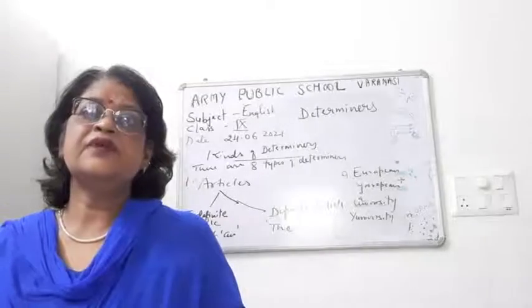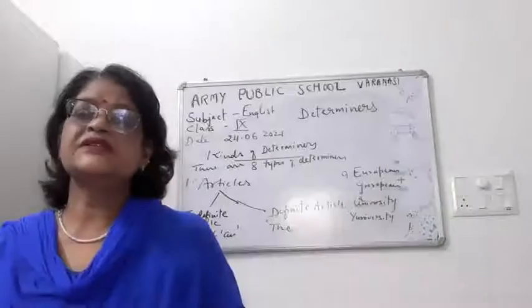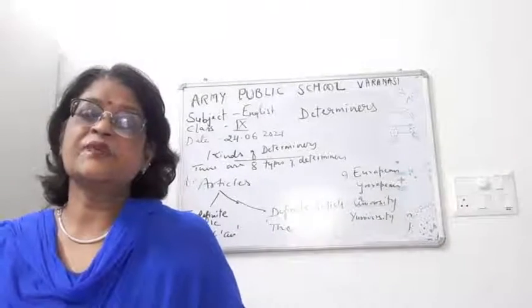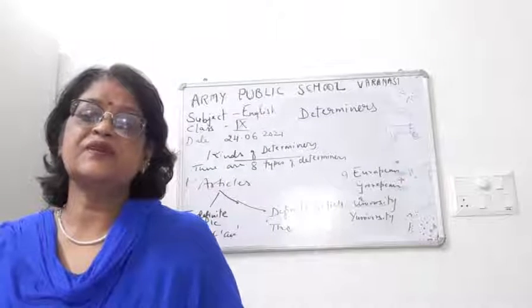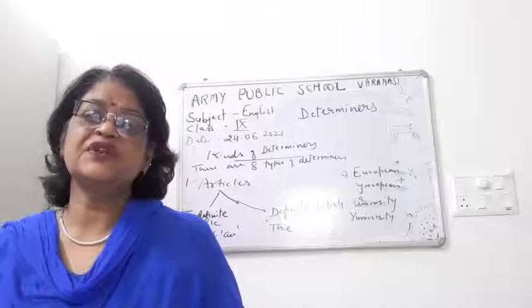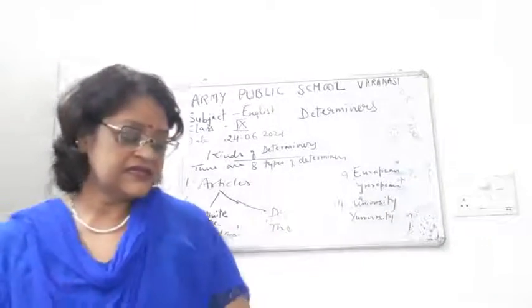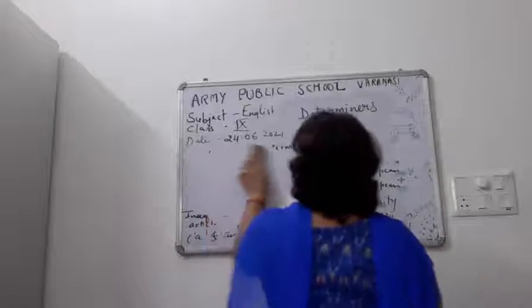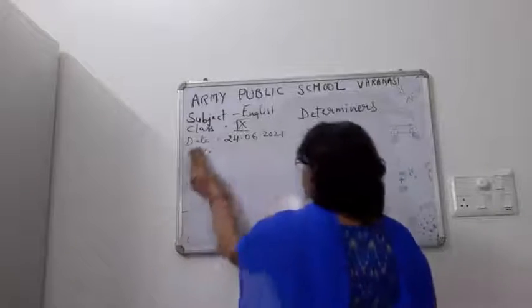Children, now the next thing I want to tell you is about proper nouns. We never use the with a proper noun, but some countries have names starting with the.